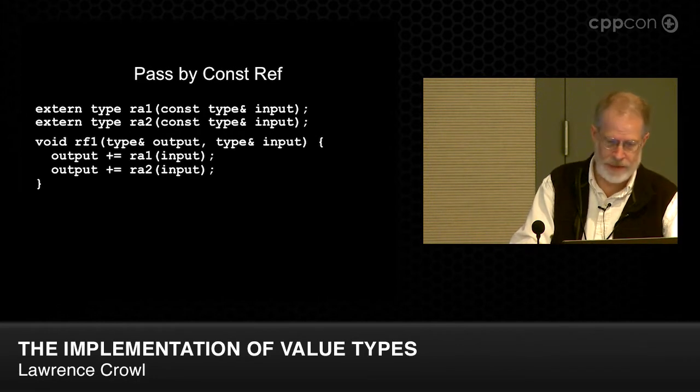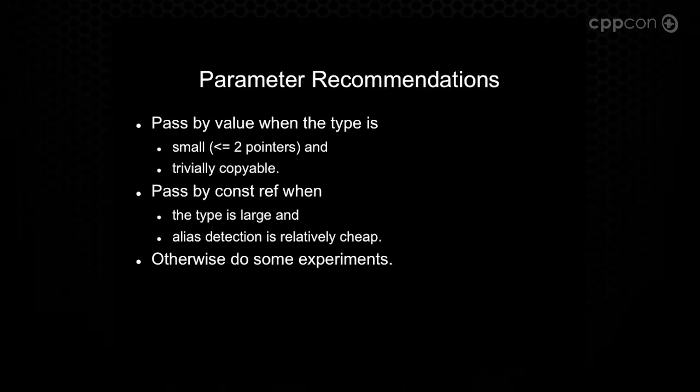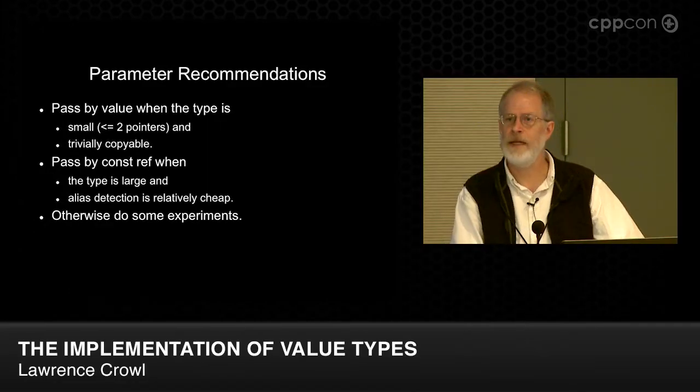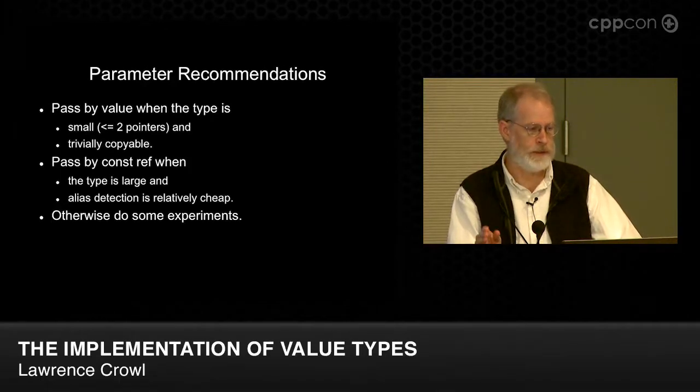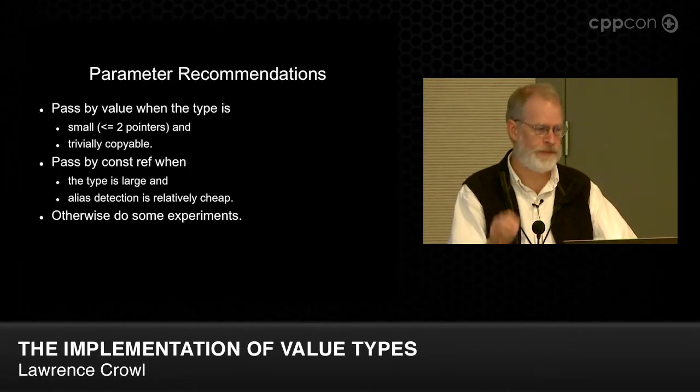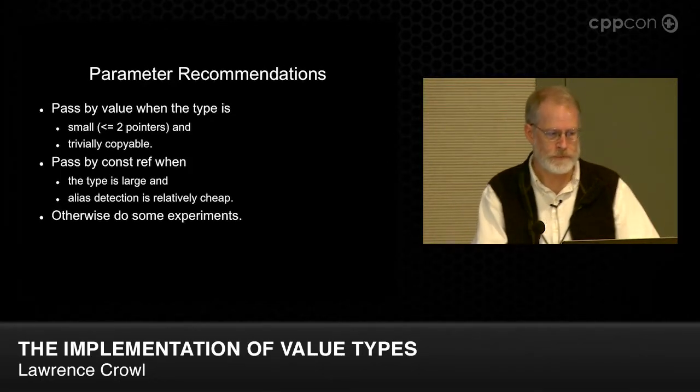I'm going to talk about aliasing a little bit later, but I wanted to give you some recommendations. This is the way I approach things. If your type is small, less than about 2 pointers, and it's trivially copyable, pass it in by value.